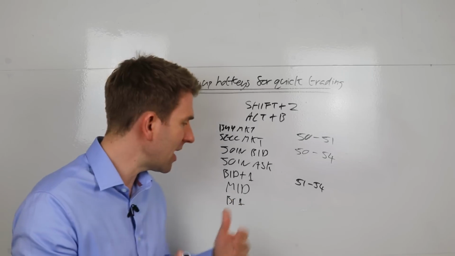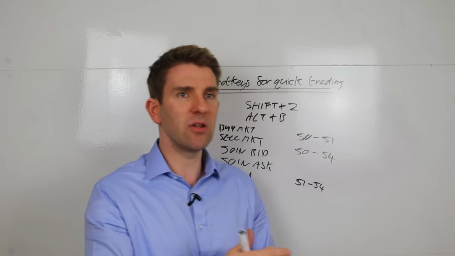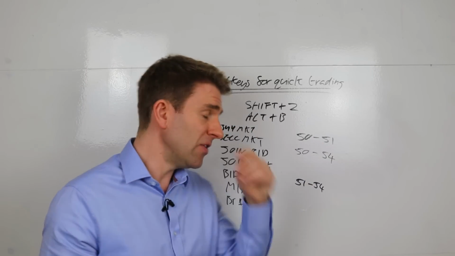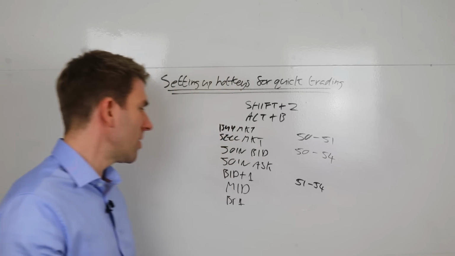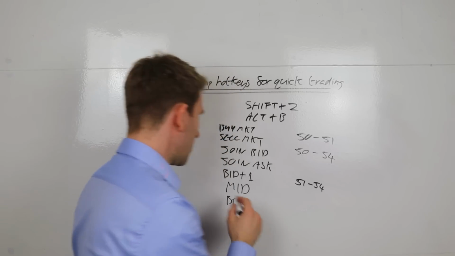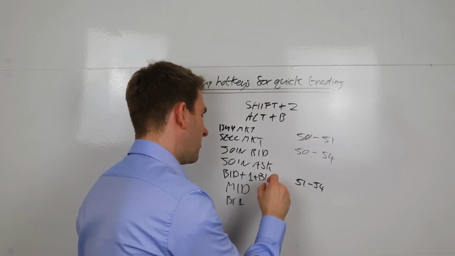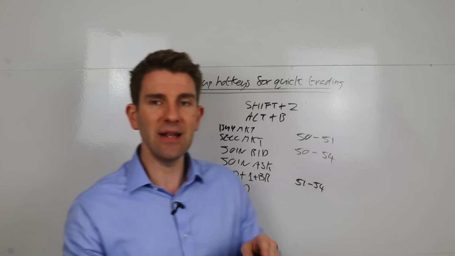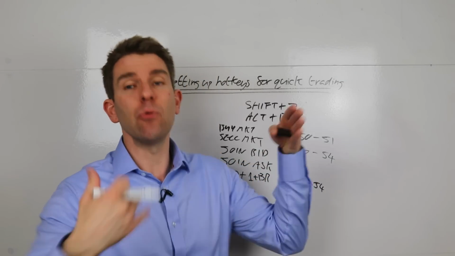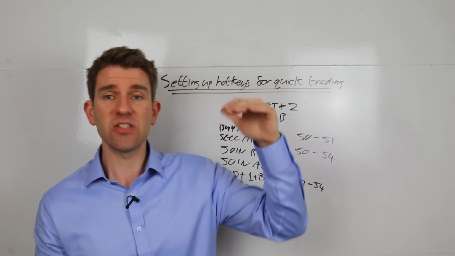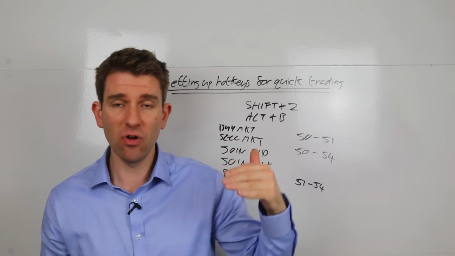But it saved you having to put the orders in manually, then put the one-cancels-the-other order in, all this kind of stuff. And then you could go one step further where you could add the bracket. So you could have these, but you could then have plus the bracket. In other words, it would put you in, and if filled, then it will put in your stops and limits automatically for you. So if you can imagine the market was coming down, let's use that analogy again, it was flushing through lows.